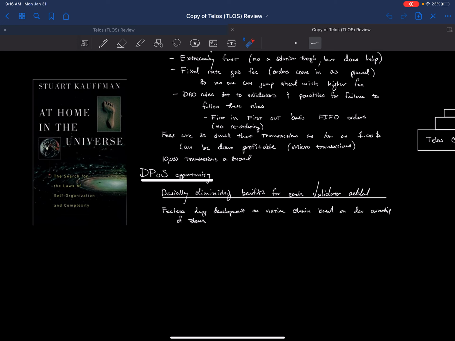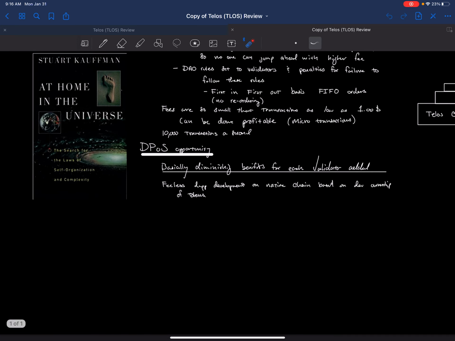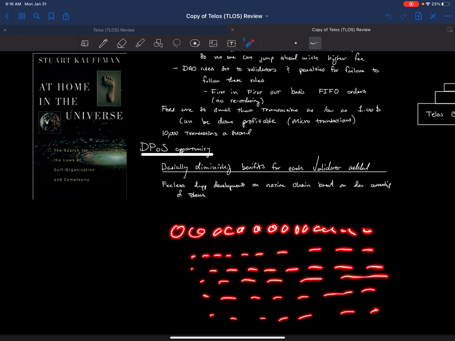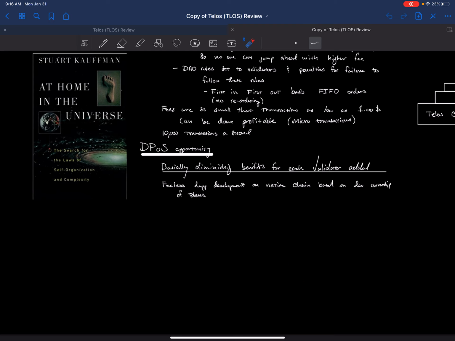But DPoS, so the idea of diminishing returns is that we want some level of decentralization, but the argument that Dan Larimer made back in the day was that there are diminishing returns for each new validator added. As you go into thousands and thousands of validators, there are diminishing returns, and anyone with a brain could see that that's true. The question is how many validators do you really need?